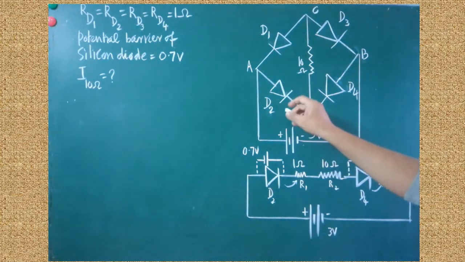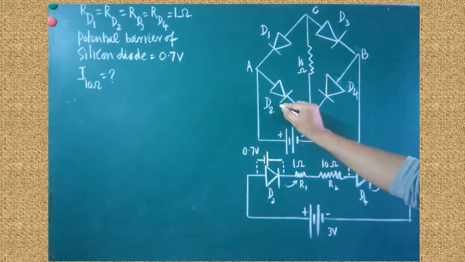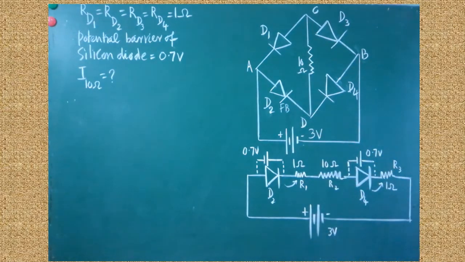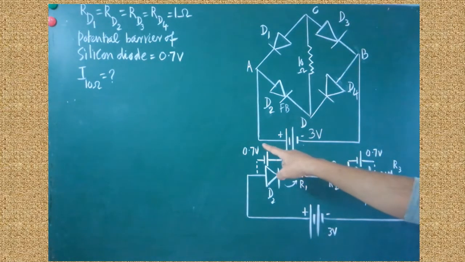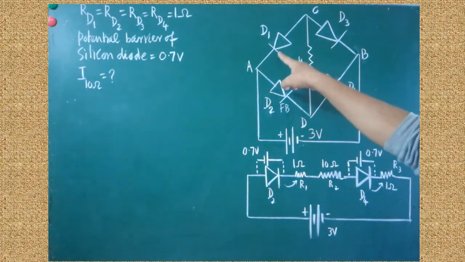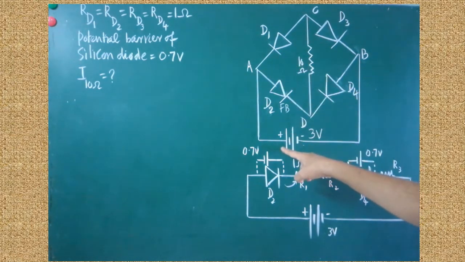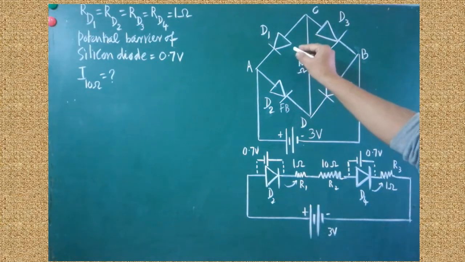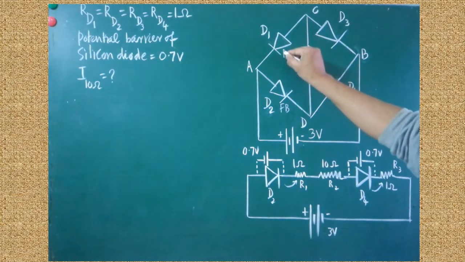Therefore, diode D2 is in forward bias, so it is conducting. If we move towards D1, the N end is connected with the positive end. Therefore, diode D1 is not conducting. It is in reverse bias.